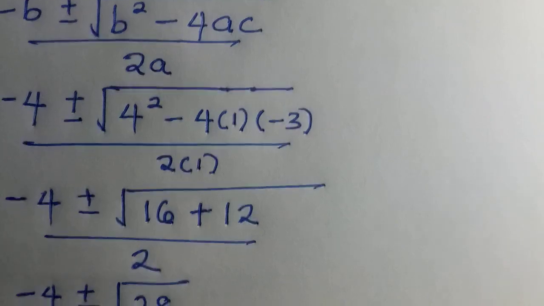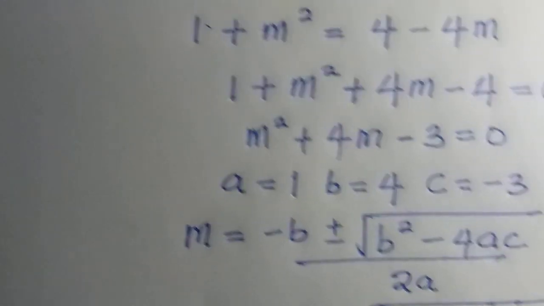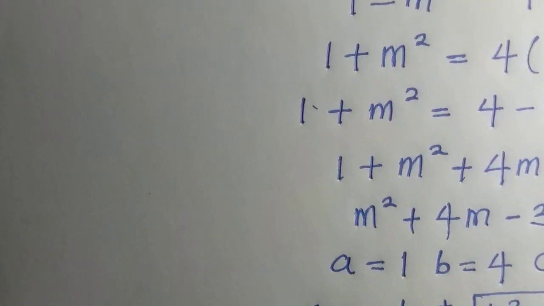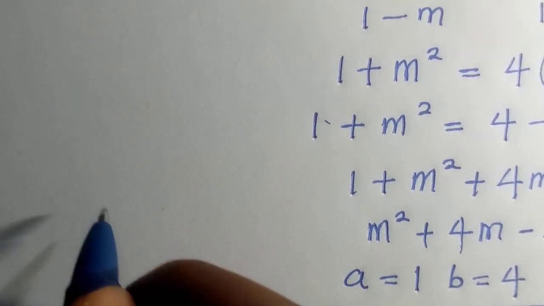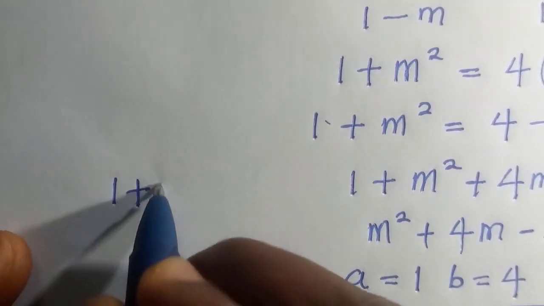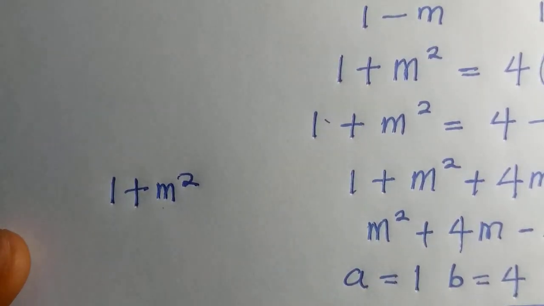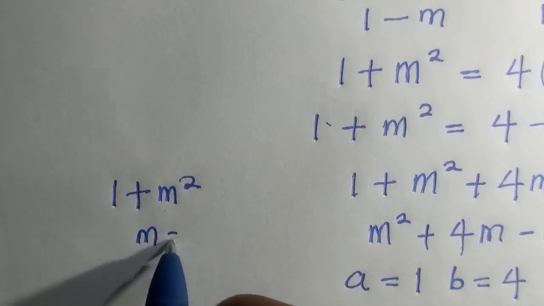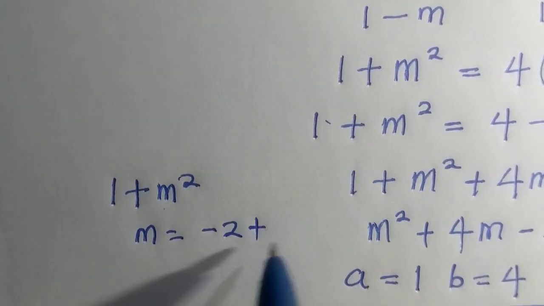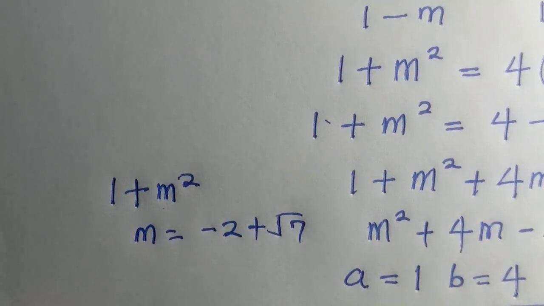For the first one, I'm not going to show everything, I'll just consider some part of it, as the numerator of this equation is 1 plus m squared. Considering the first one at m equals minus 2 plus root 7.